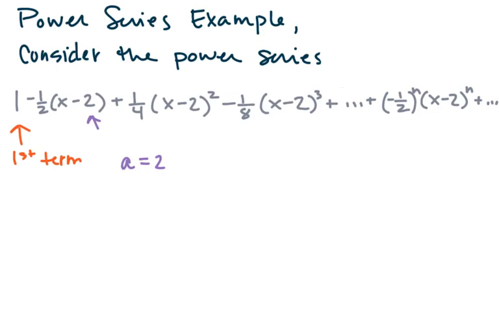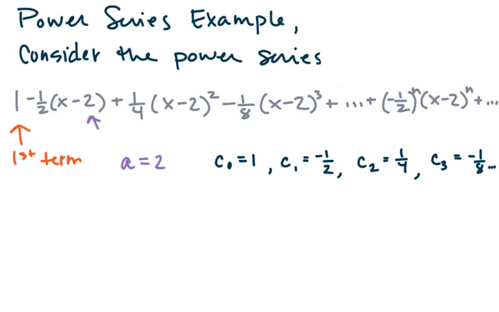And if I list my coefficients, I'll notice c sub 0 is 1, c sub 1 is negative 1/2, c sub 2 positive 1/4, c sub 3 negative 1/8, and that list can keep going.